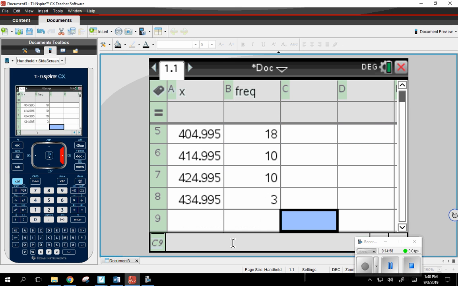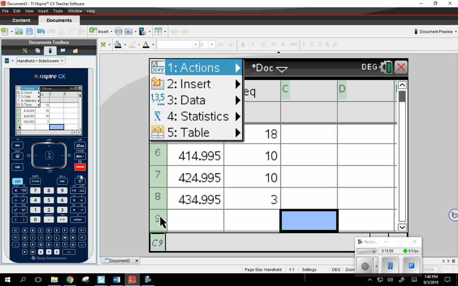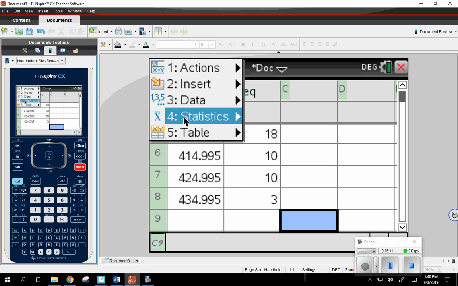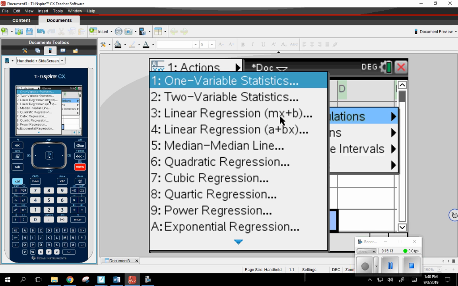There we go. So I've got first column is my midpoints of the class intervals. Second column are my frequency values. Now how do I find the information I want? Okay, menu, statistics, stat calculations. Now wait a minute, I got two columns. It's still one variable. Remember, the frequency just tells me the number of elements in that particular class interval.